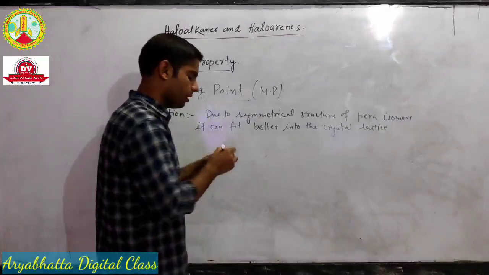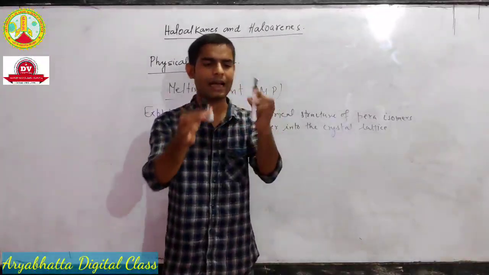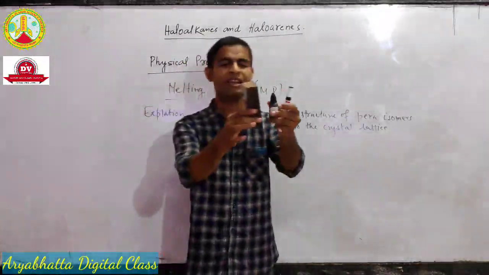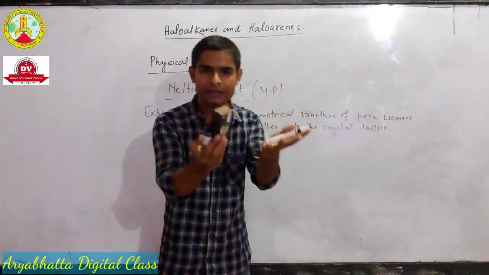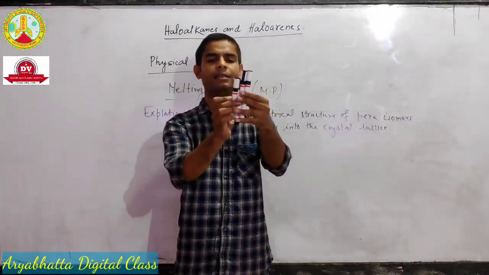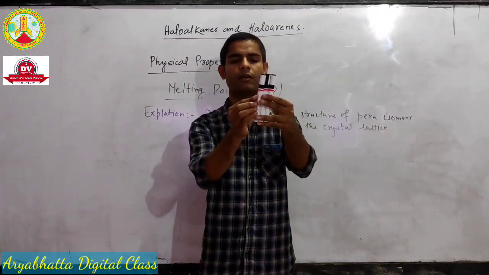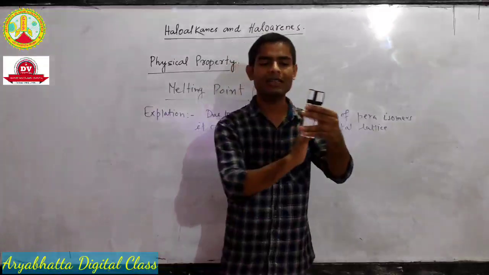If I have random objects, suppose I have this marker, this pen, this duster, it's very difficult to arrange them together because they are of different sizes and shapes. But suppose I have 3 marker pens, I can arrange them very easily and in a very ordered manner, because they are symmetrical.